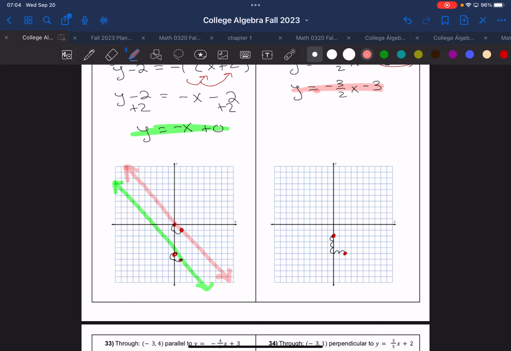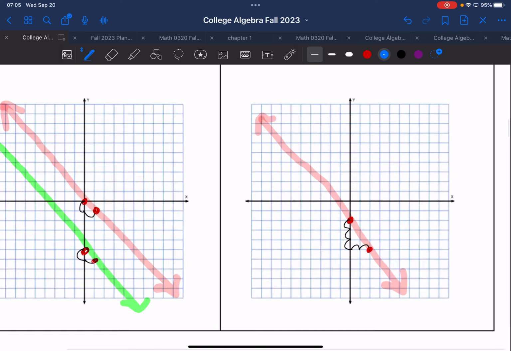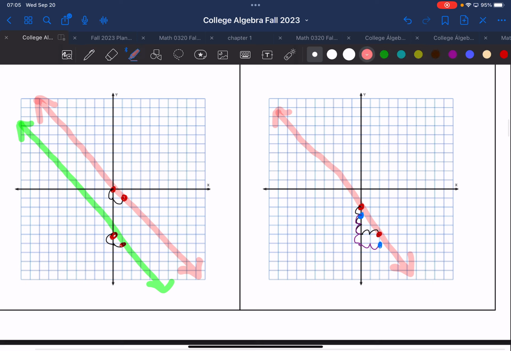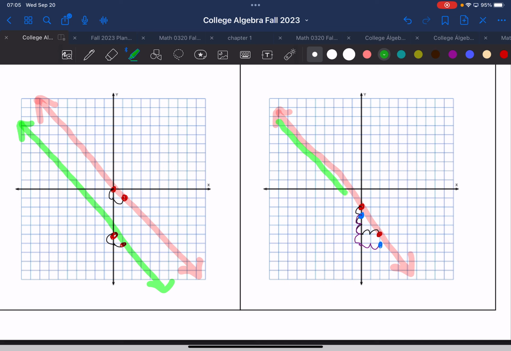And that is my first. Okay, what is my y-intercept in my new equation? Negative 3. And again, I'm going down 3, right 2, because it had the same slope. So now I'm connecting those two blue points. And notice that these graphs are parallel, but they are very close to each other.